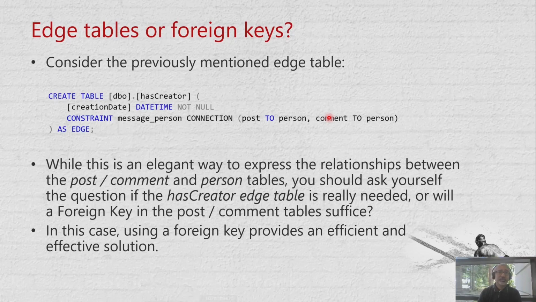It'll save you some space because you no longer have to have this many-to-many edge table to store what is essentially a 1:1 relationship, and you can access the query using all your traditional T-SQL functionality. So just keep in mind, when you have many-to-many relationships, it's wonderful to model that using an edge table. In most other cases where you have 1:1 or 1:many, it might sometimes be advisable to just use a traditional foreign key instead.